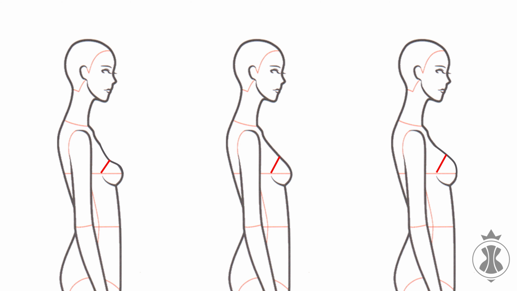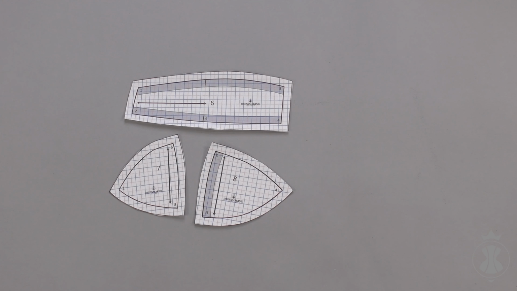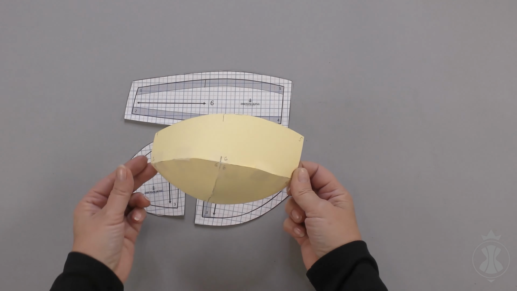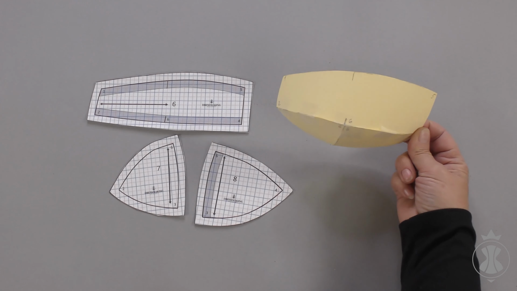The length of the upper arc of the cup is affected by the unique structure of the mammary gland of each woman, as well as the presence or absence of push-up pads. If the value of your top cup arc length measurement does not match the value in the table, the pattern can be easily adjusted. Let's make a mock-up to the cup pattern which is closest to your measurements.